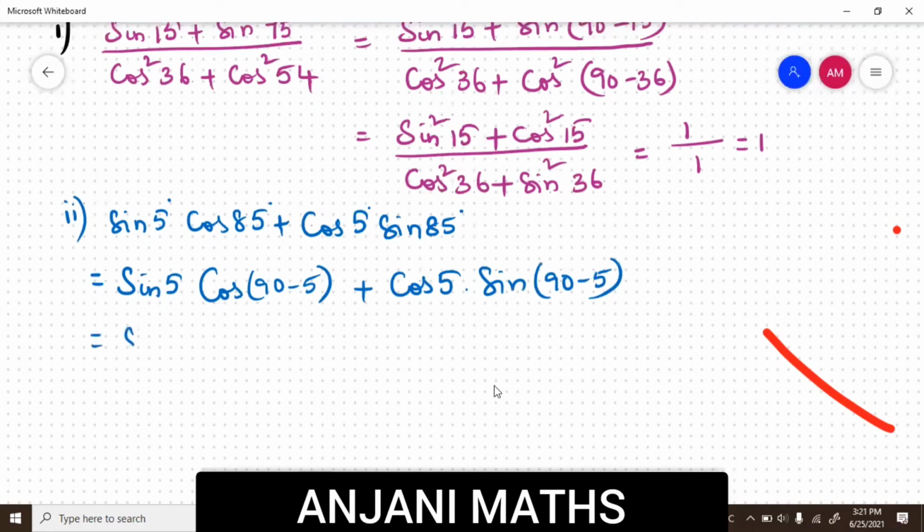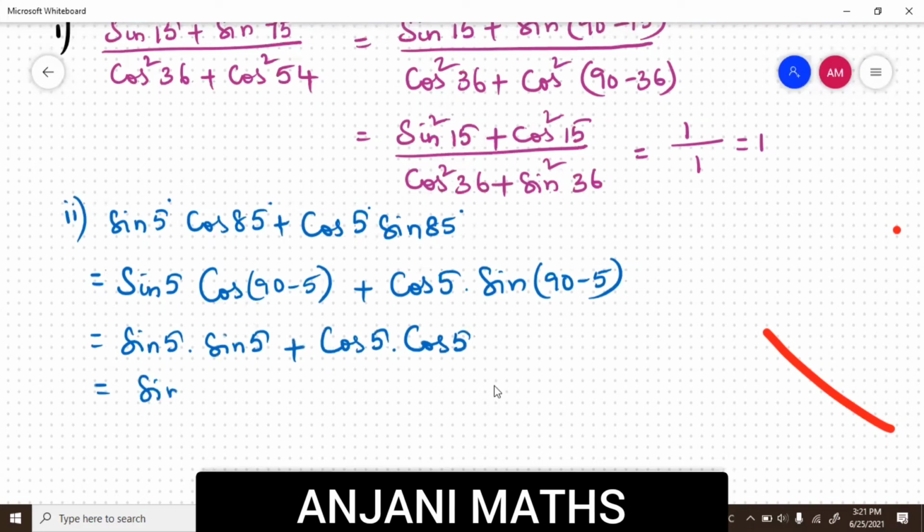So this is equal to sine 5 into, what is cos 90 minus theta? In the previous session we discussed sine 5, cos 5 into, what is sine 90 minus 5? The complement of sine is cos. That is equal to sine into sine.